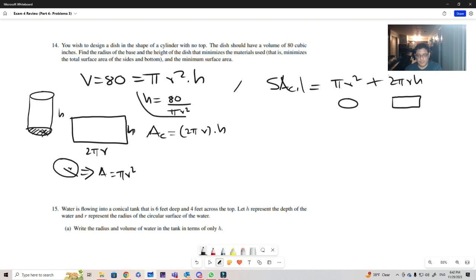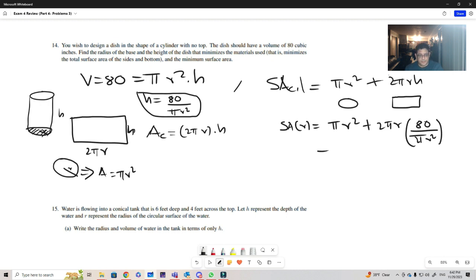And so this relationship between the height and the radius is going to allow us to have a surface area function that just depends on r. And this is just going to be now pi r squared plus 2 pi r, and now we replace h by 80 over pi r squared.